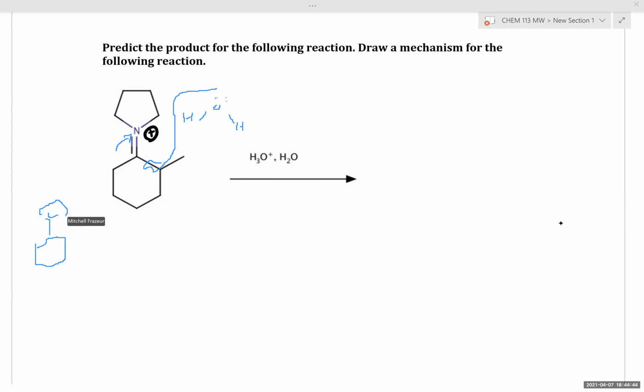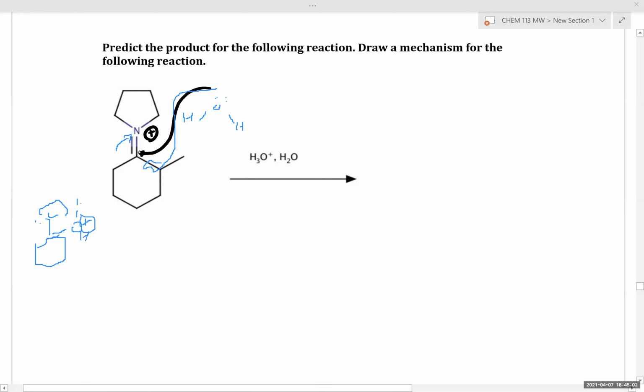Is the water attacking a bond adjacent to that double bonded carbon? In this case, just to re-annotate what the student is drawing, they're showing the attack onto the electrophilic iminium carbon.